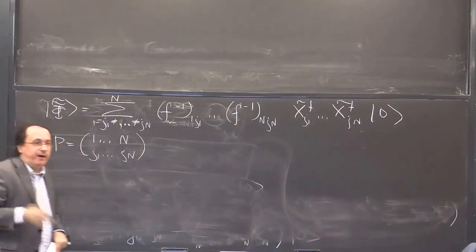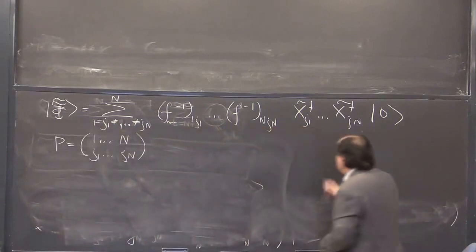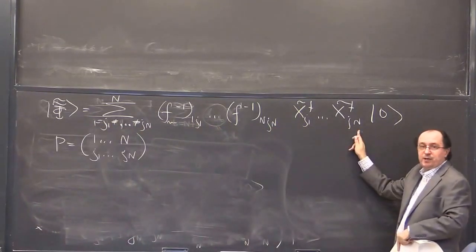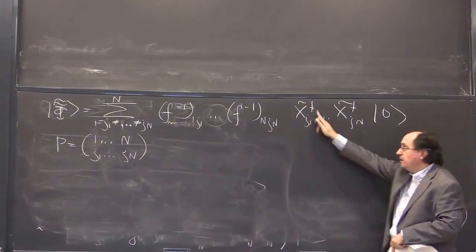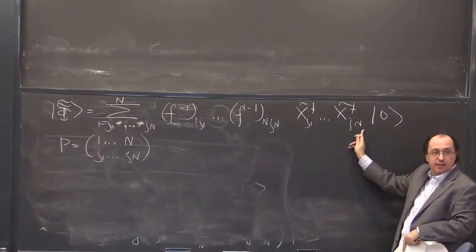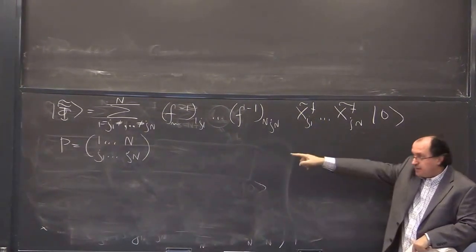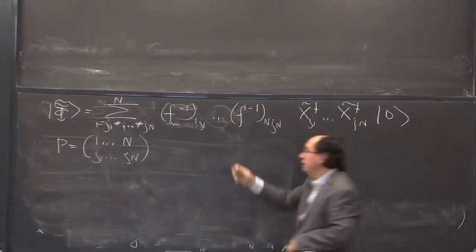So if I now realize this fact, this is simply a product of x1 dagger through xn dagger with tildes, times the sign of the permutation, because all I need to do is to repermute.